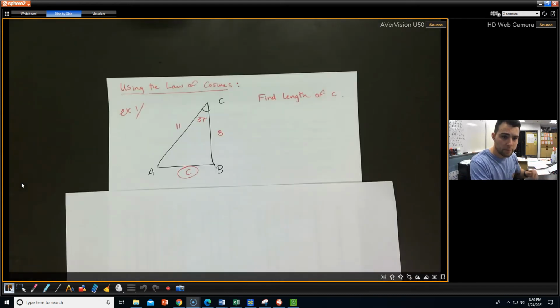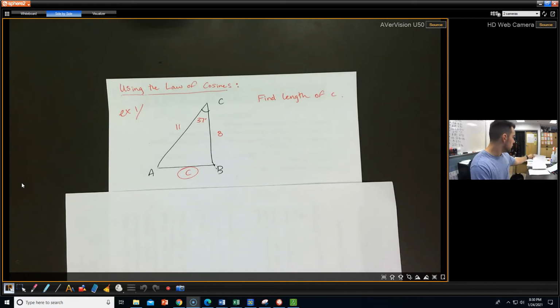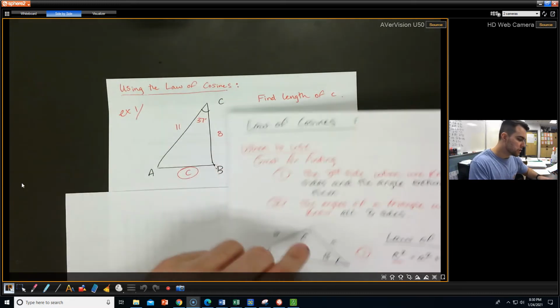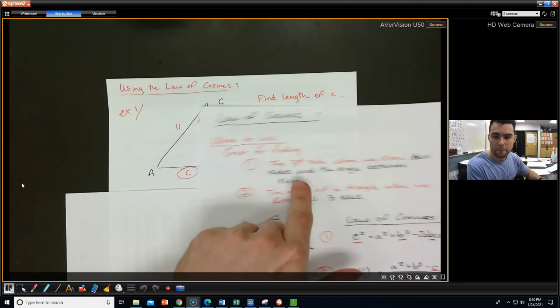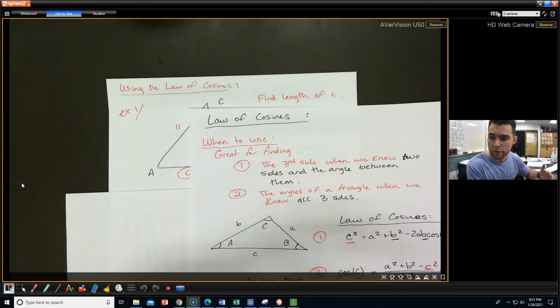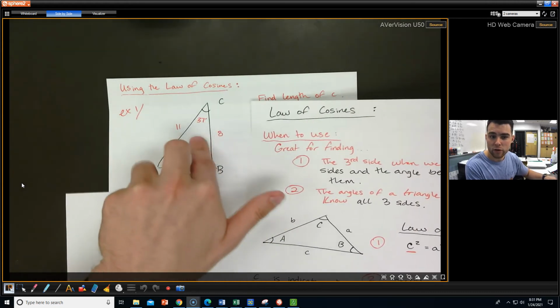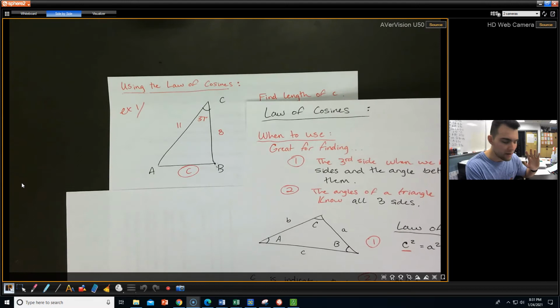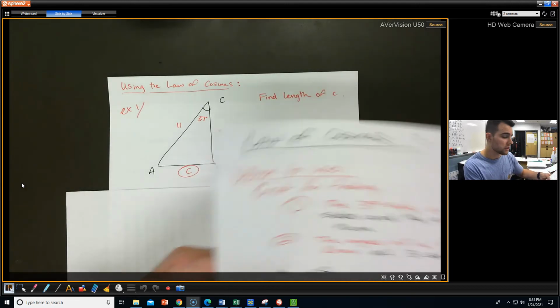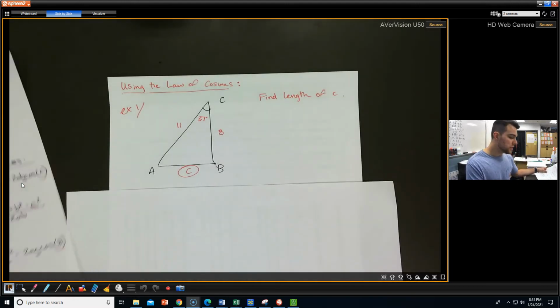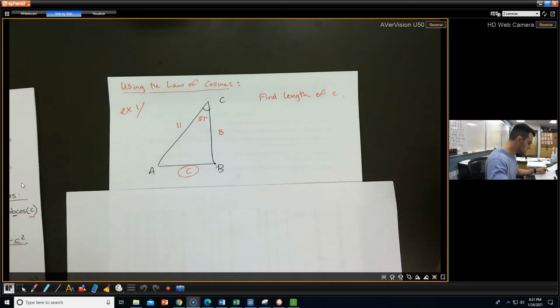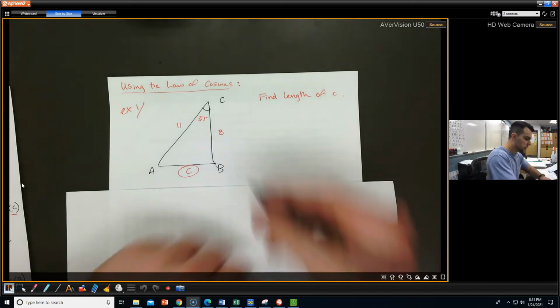Here's our first example. Again, what we talked about before is when to use it: the third side is what we want to find when we know two sides and the angle between, just like this. That's a great time to use the law of cosines. We're trying to find the length of C, so we don't have to change anything.